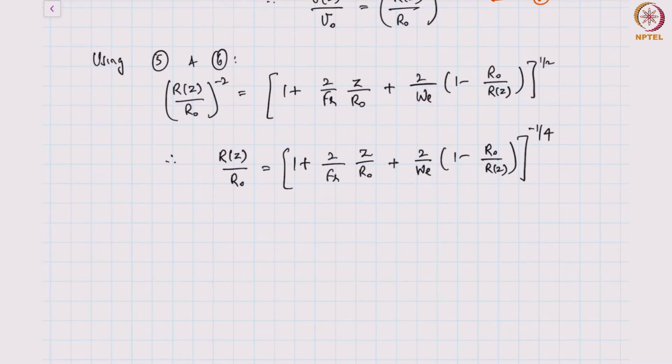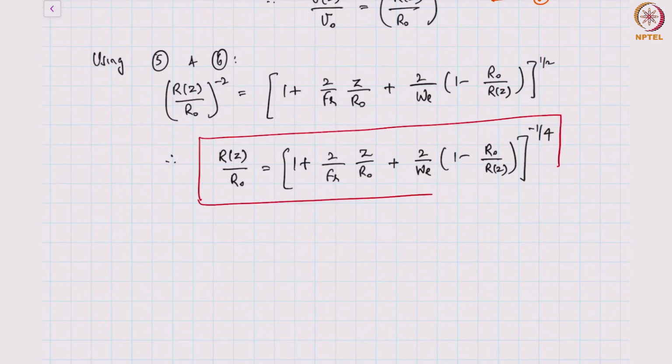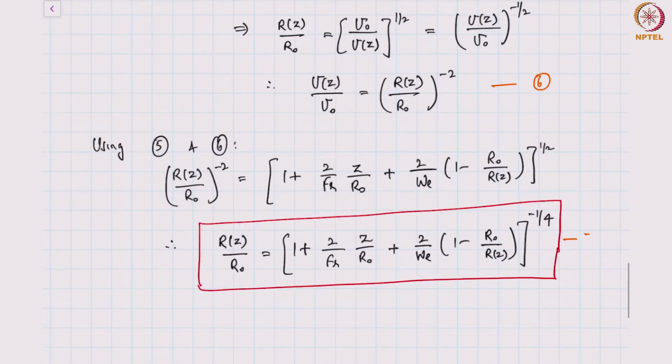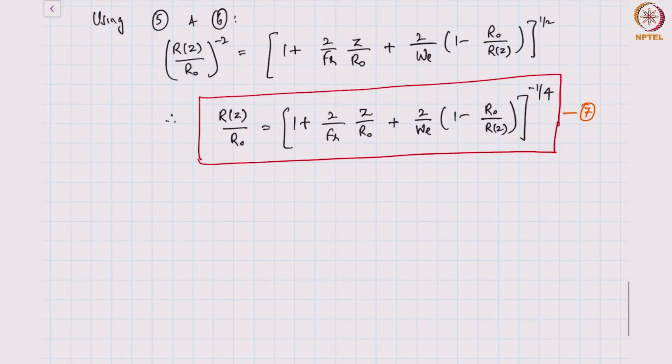Right? We can make some simplifications further. If you see this expression, it has expressions involving r of z on the left hand side and right hand side. We'll still give this a label before we simplify it. Let's call this relation number 7.